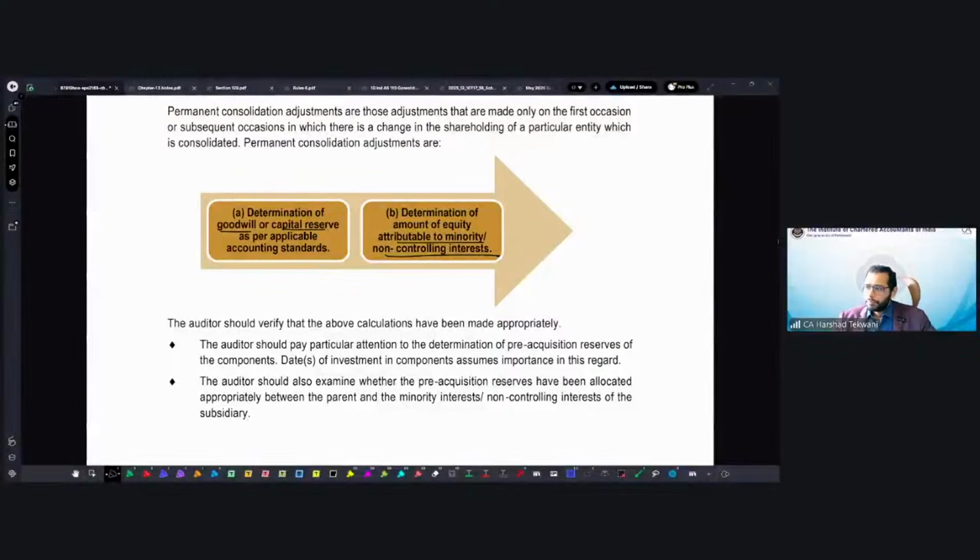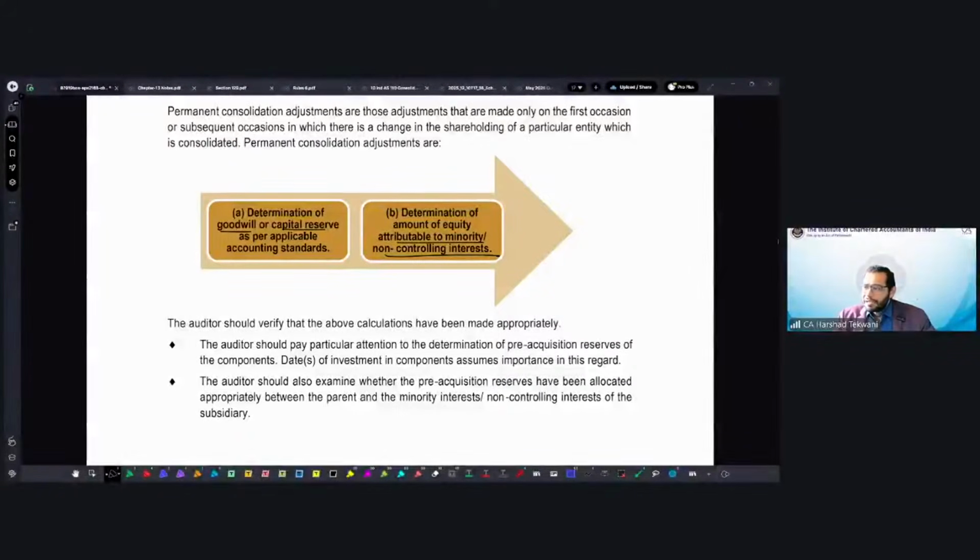No? So when I talk about current period consolidation adjustments, these are the adjustments we have already seen. Related party transactions, intergroup interest paid, or intergroup amount paid. Then unrealized profit on the sale and purchase of assets between the group entities, that is, subsidiaries and the holding company.